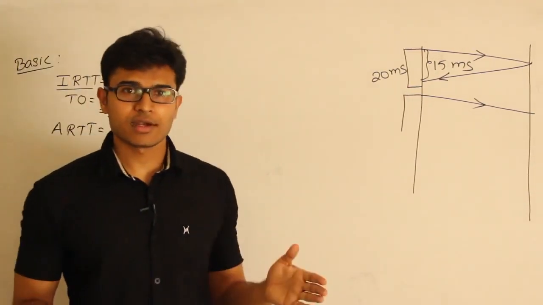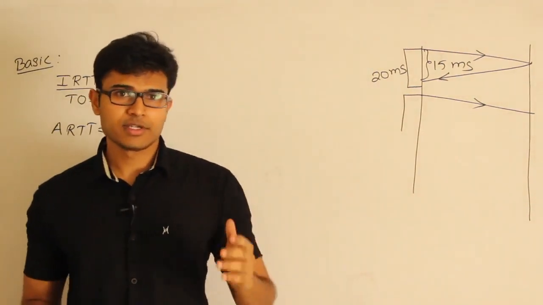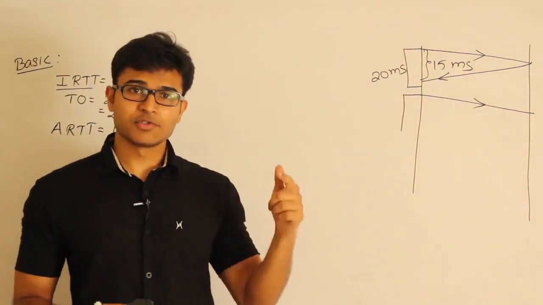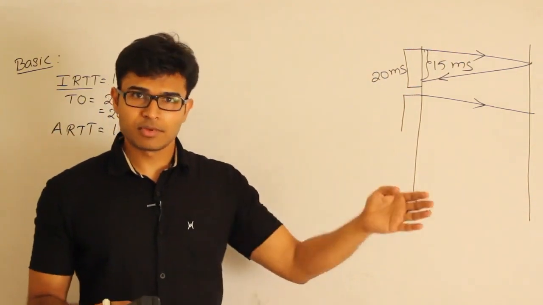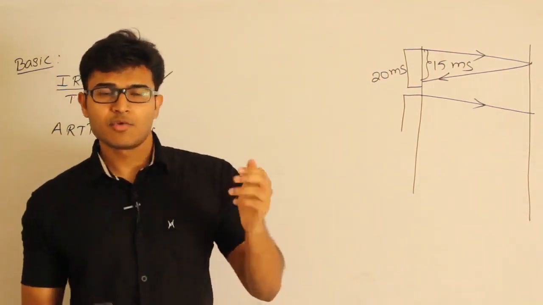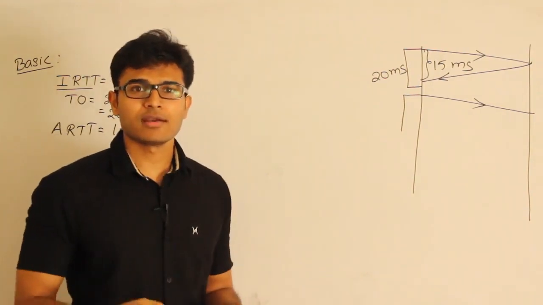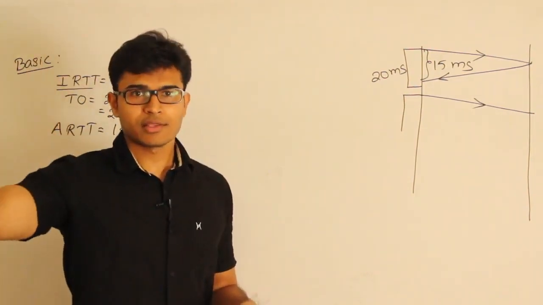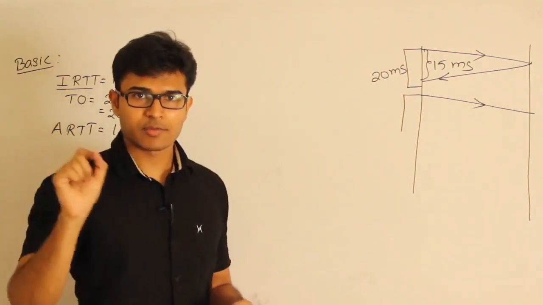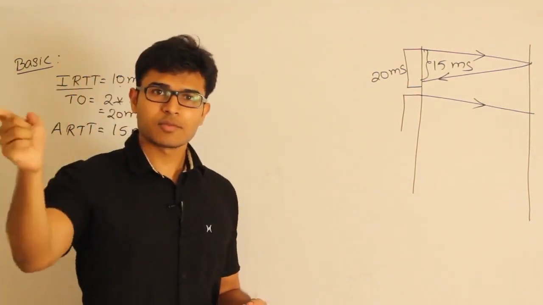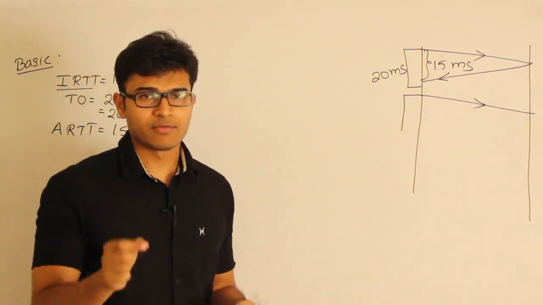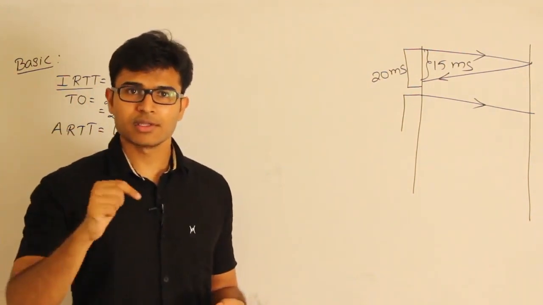You cannot be very static, because traffic will change, and you cannot be very dynamic, which means you cannot just depend on one previous packet and set the timeout timer for the next one. The last packet might have taken the longest path, or it might have taken the shortest path. If it took the longest path, you overestimate the next time. If it took the smaller path, you underestimate the next time.